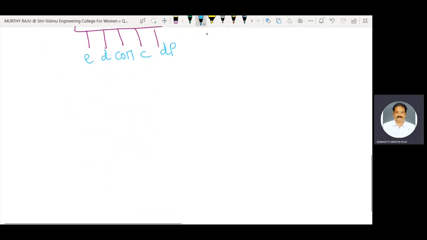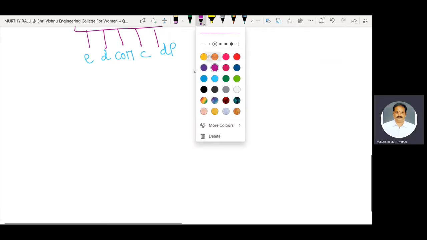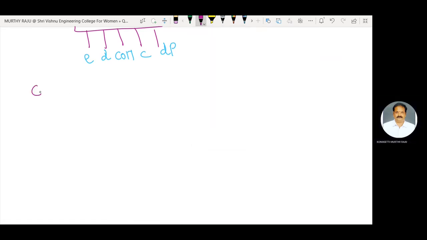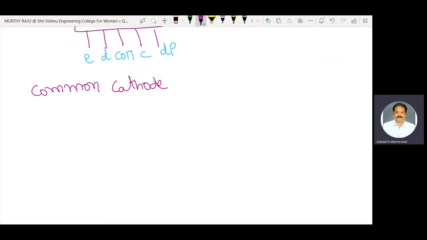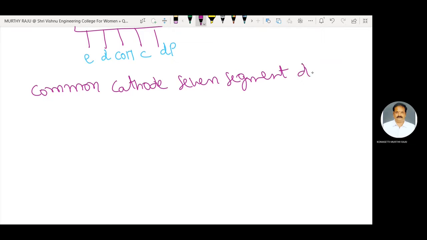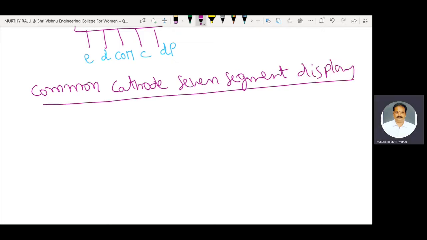Generally, two types of 7-segment displays are there. One is the common cathode 7-segment display.